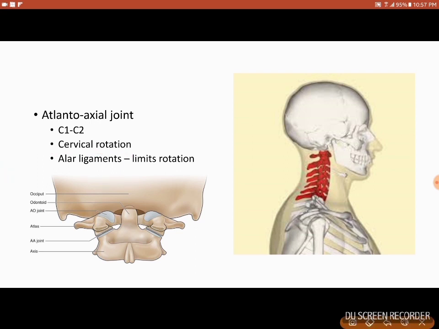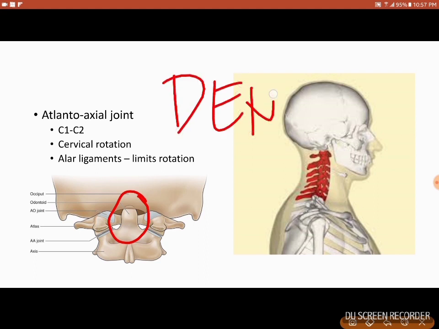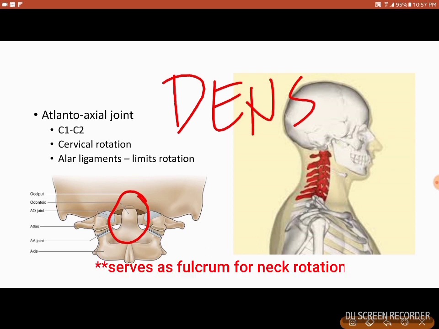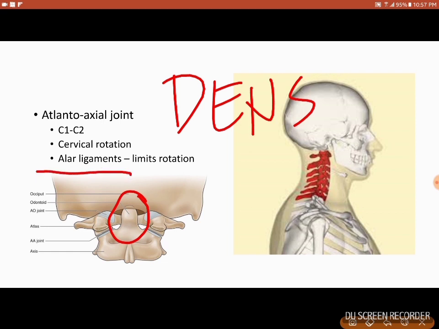The bony prominence that is unique in C2 is your odontoid process, also known as the dens. That bony prominence facilitates neck rotation. And on that bony prominence, there is an alar ligament, which limits excessive rotation.